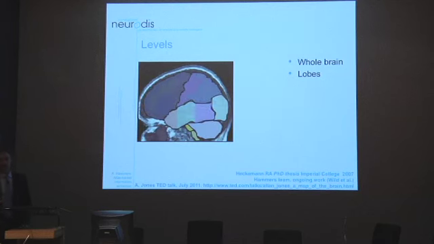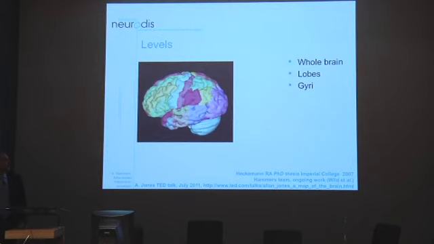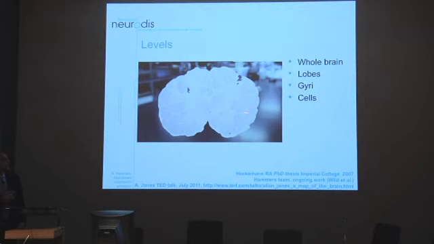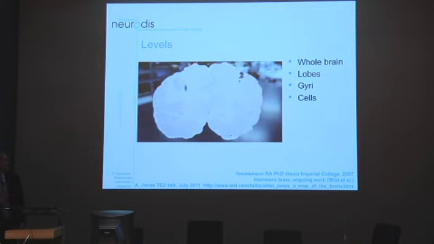The next level down are the lobes, and there are diseases which preferentially affect the lobes. We'll be talking about lobes again later. Then you have the level of gyri, and you can go further down to the level of cells. Here we see a brain slab from the Allen Institute. This short video is taken from Alan Jones' TED Talk from July last year.